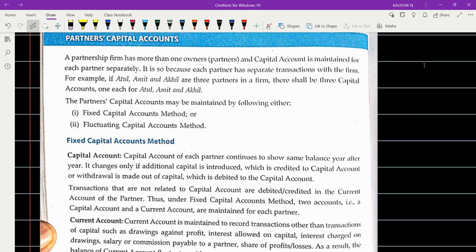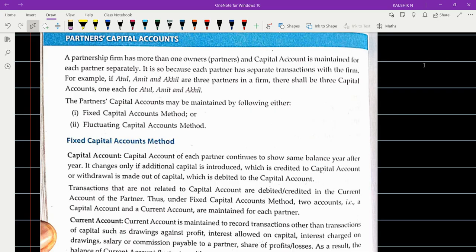Apart from this, you have two more items which you should understand: interest on capital as well as interest on drawings. If the question has given you the value straightforward, you know how to take it to your profit and loss appropriation account and how to take it to the partner's capital account. If the question has given you only the information that this is a drawings amount, and this is the interest on drawings, then how to calculate interest on drawings, that you should understand.